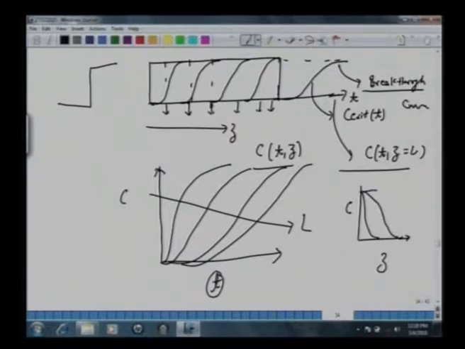Alright, so you must understand, this is increasing time and this is increasing length this way. So this is your concentration history at different locations.